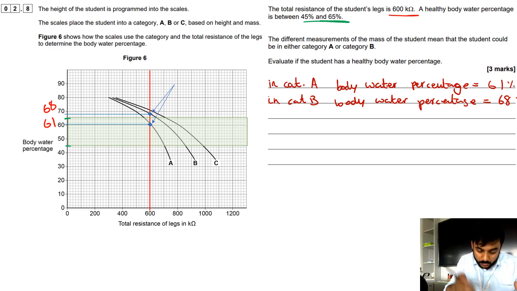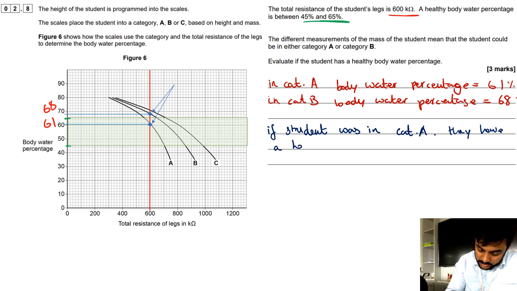We've stated the facts, we've worked it out using the graph. Our conclusion is, and I'm going to do it in a different color, if the student was in category A, they have a healthy body water percentage.